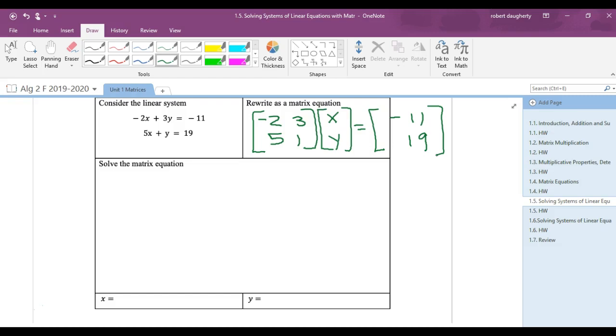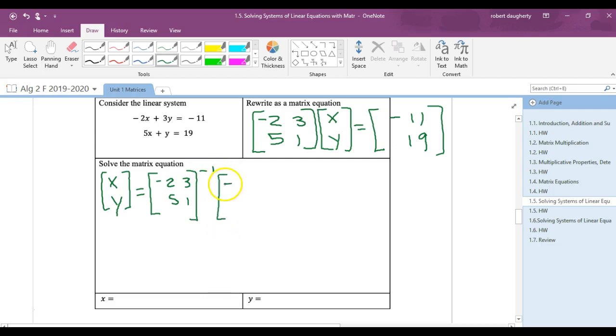Okay. So now to solve this for xy, xy equals what? What goes next? The inverse of the coefficients times negative 11, 19. So to find the inverse, I must first find the determinant. And that's going to be what?